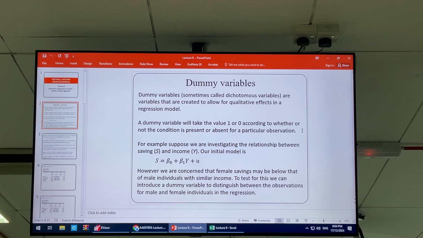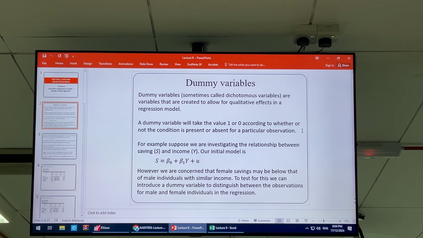Let's say you want to represent the effect of different gender, male and female. Now the condition is whether the observation belongs to female, for example. So we assign 1 if the observation belongs to female, and 0 if not.